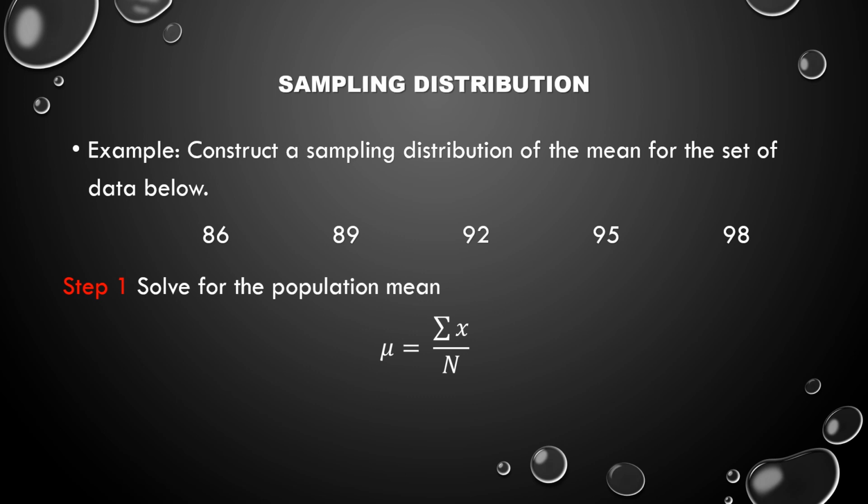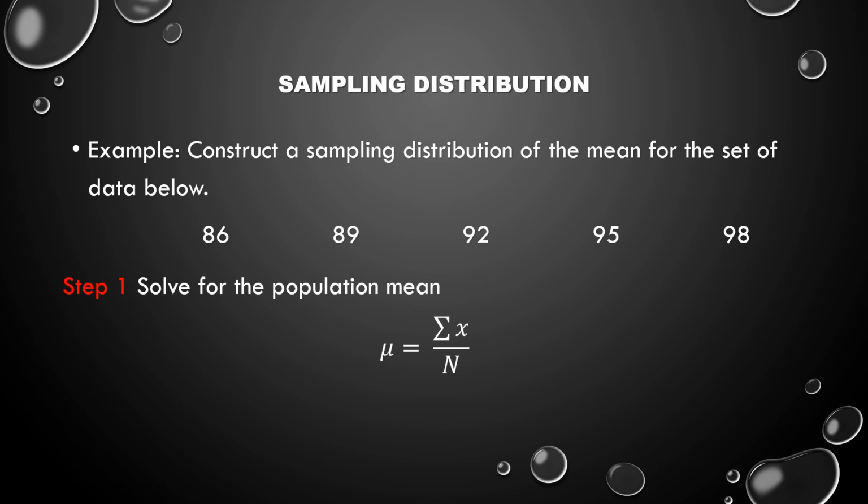I was able to discuss this among my sections: the symbol mu is for the population mean, because later on we'll be talking about different types of mean. We have the population mean and the sample mean.